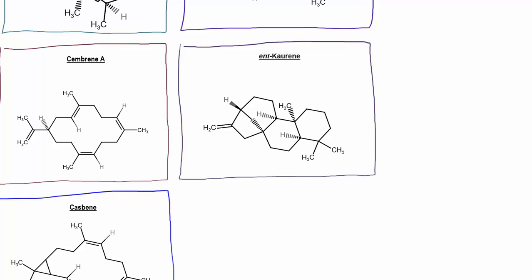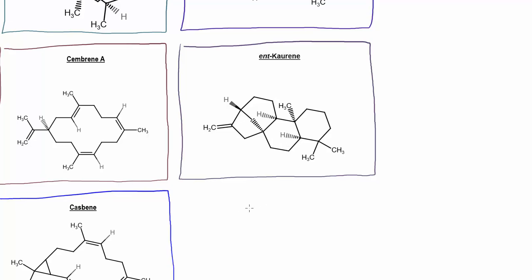A very wide range of plants use entcorine to produce a molecule which you would come across in year 2 plant biology, which is called gibberellins. And if you've come across gibberellins, you'd know that they're quite important within plants for things such as cell division and also cell elongation.